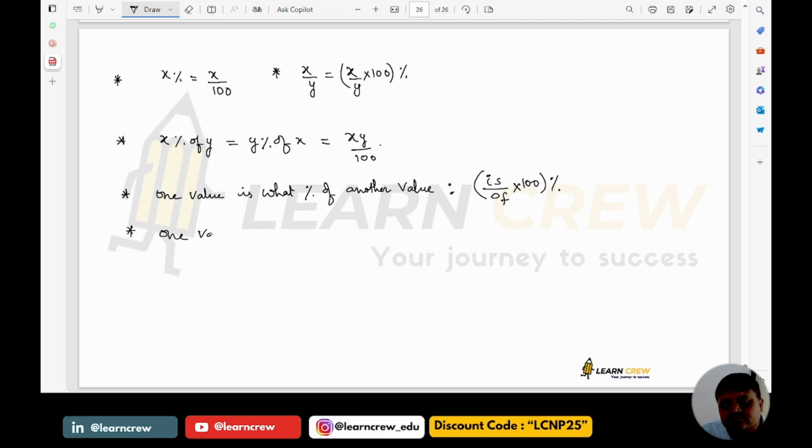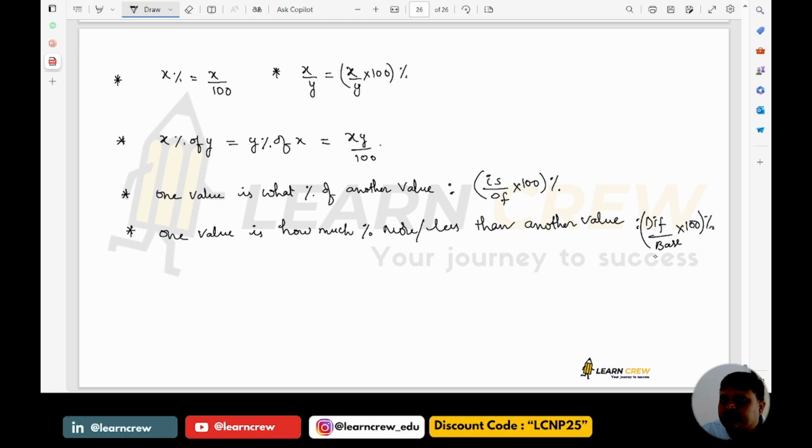One value is how much percent more or less than another value. In this case, what is the shortcut I told? Difference by base into 100 percentage. So what will be the base here? After 'than', whatever you get is the base.